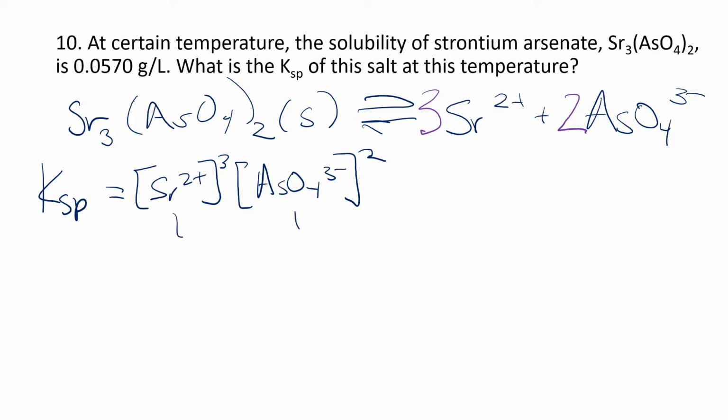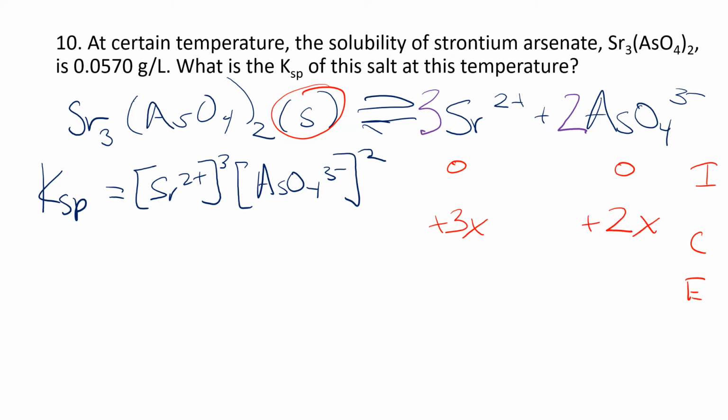If I set up an ICE chart, I'm just going to put it on the right-hand side because I used the left-hand side. Anything that is a solid is not going to be included in the ICE chart. The initial concentrations of Sr2+ and AsO4 3- are going to be 0. The change is going to be plus 3x and plus 2x, and at equilibrium it'll be just 3x and 2x.